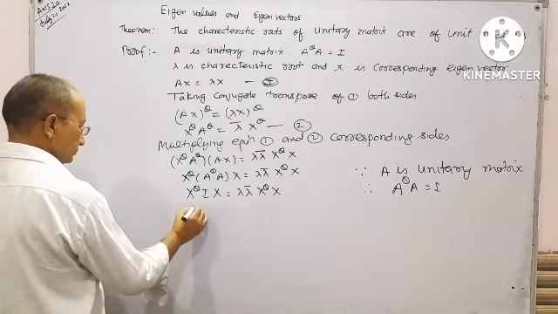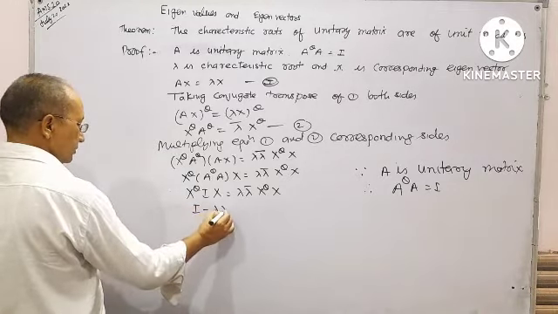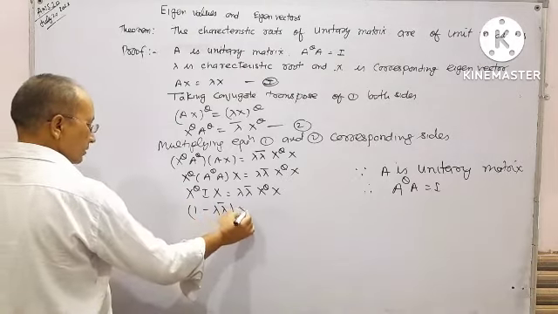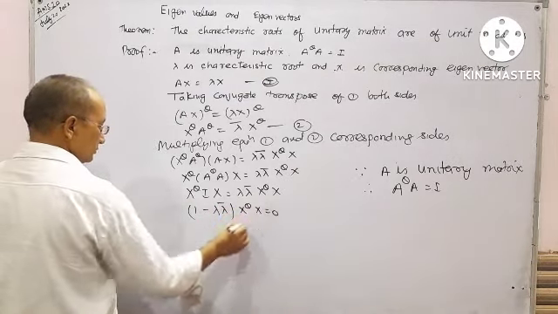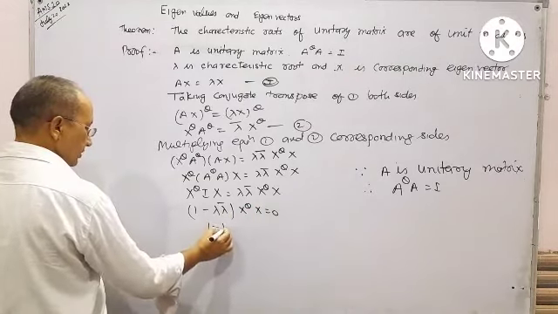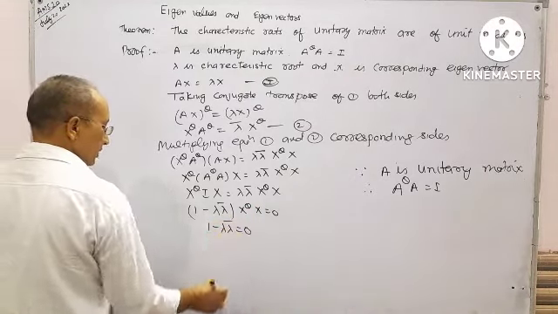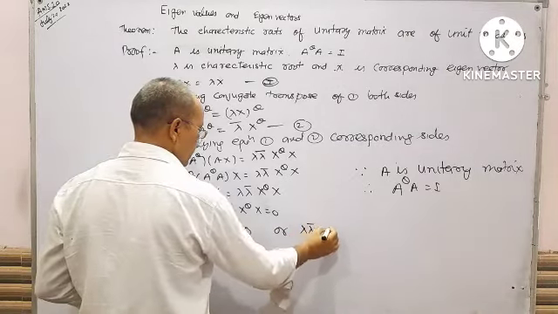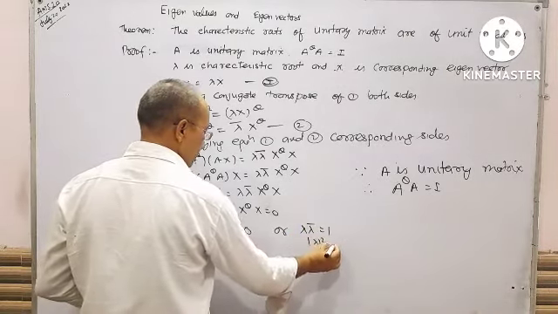Or I minus lambda conjugate lambda times x theta x equals 0, or 1 minus lambda conjugate lambda equals 0, or lambda conjugate lambda equals 1, mod of lambda square equals 1.